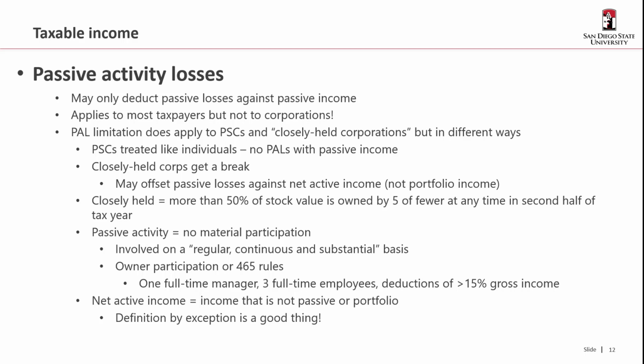That definition, by exception, is a good thing, right? So, what that means is if you do not classify it as passive, you do not classify it as portfolio, that means everything else is net active income. Okay, and again, a closely held corporation can offset those passive losses against any net active income that it generates. It does not have to be passive income.